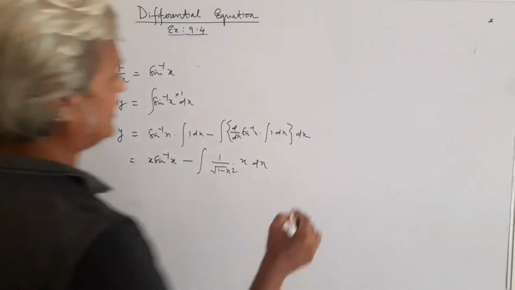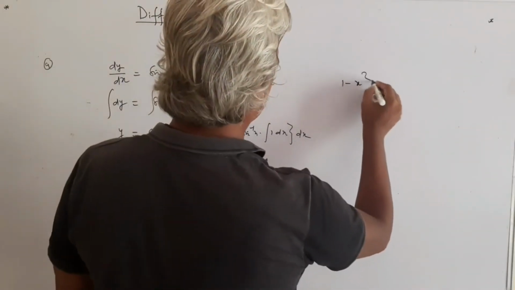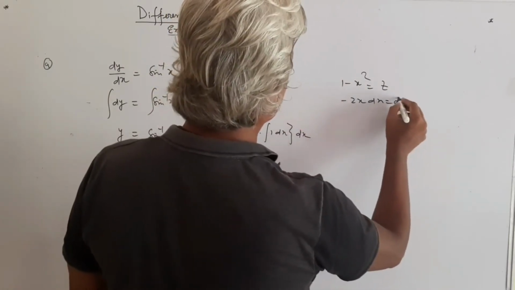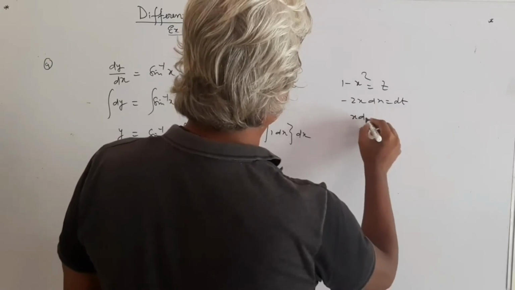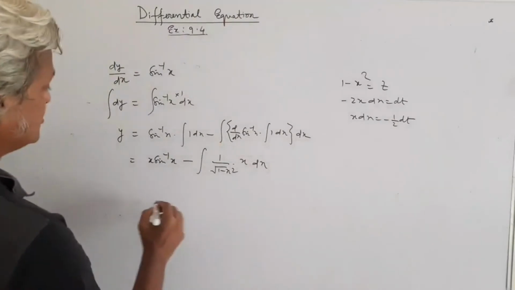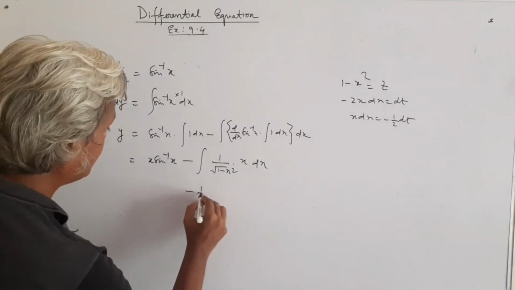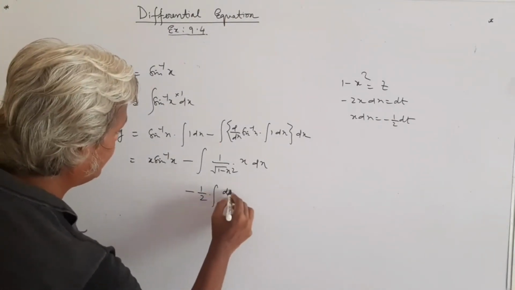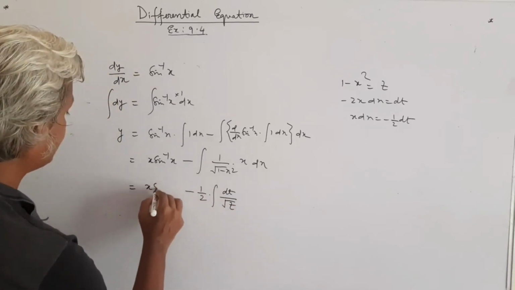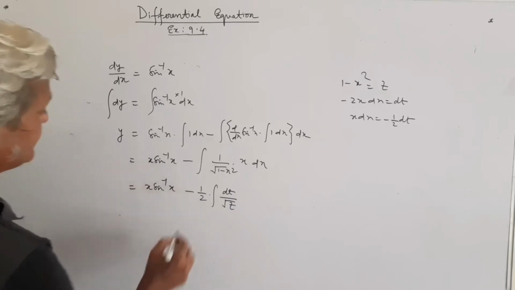Now if I take 1 minus x square as t, then we get minus 2x dx as dt. So x dx is minus half dt. So here this becomes minus half dt over under root t, and this is already integrated. So this is x sine inverse x.